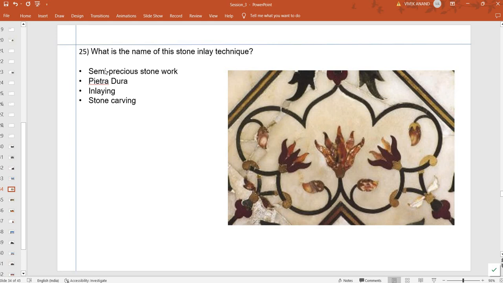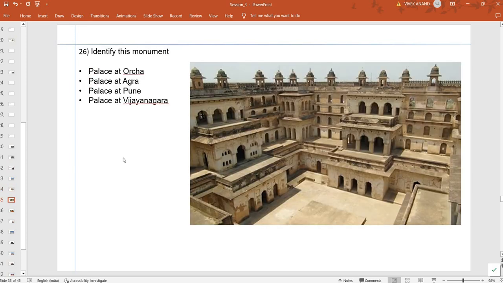Precious stones, semi-precious stones. They use precious stones and arrange them in a particular fashion to make different expressions of art. Those stones are very shiny in nature also. Okay, so the right answer is Pietra dura.